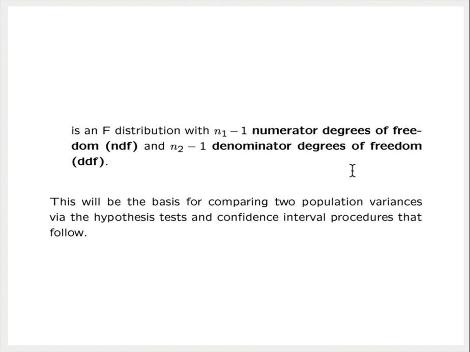That fact is going to be the basis for developing procedures that allow us to compare the variances of two populations, both via hypothesis testing as well as confidence interval estimation.